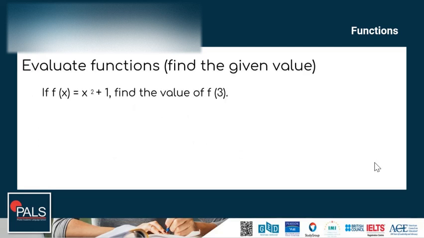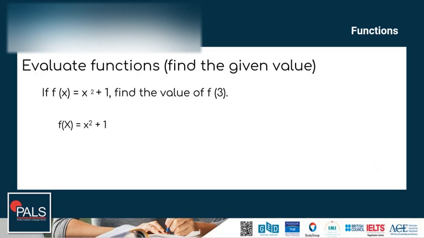In evaluating function, all we need to do is plug in the value of the input into the expression. For example, if f of x is equal to x squared plus 1, find the value of f of 3. It means when x, the input, is equal to 3. So again, all we need to do is plug in the given value of the input.